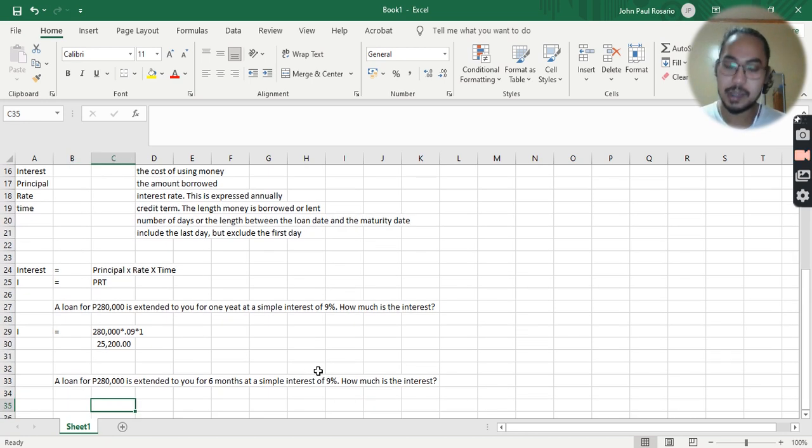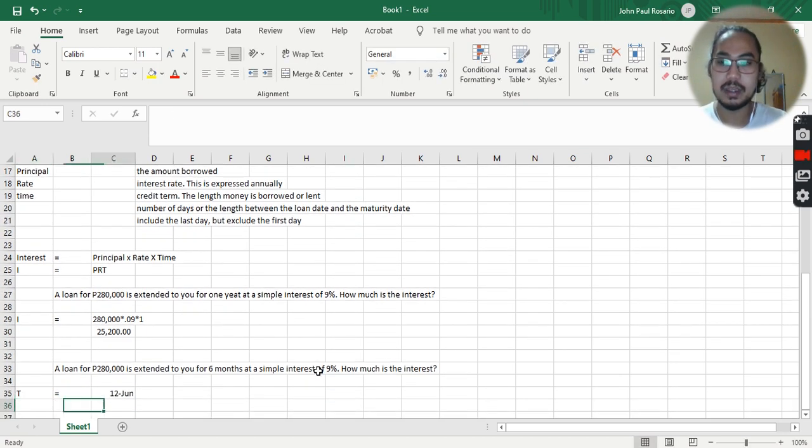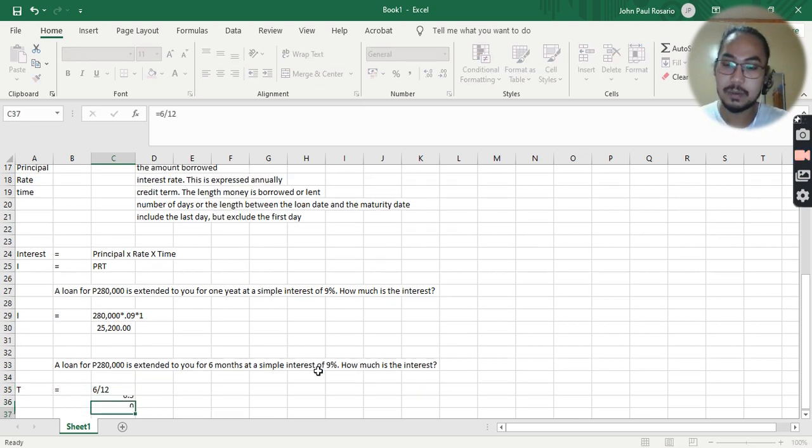So 6 months. Since months man ang gigamit, how many months are there in a year? So, there are 12 months. So, time now would be 6 over 12, or this is 0.5.